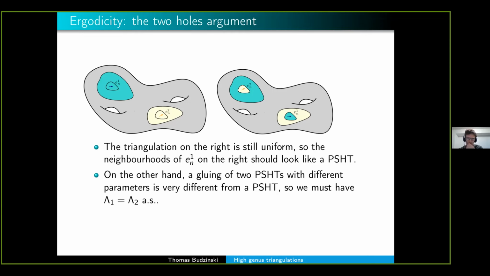It was done by Curien in the half-planar versions of the UIPT, but everything can be adapted to the UIPT. So for example, it's possible to compute the critical probability for percolation. I mean both critical probabilities, the one at which infinite clusters appear and the one at which there is only one infinite cluster.